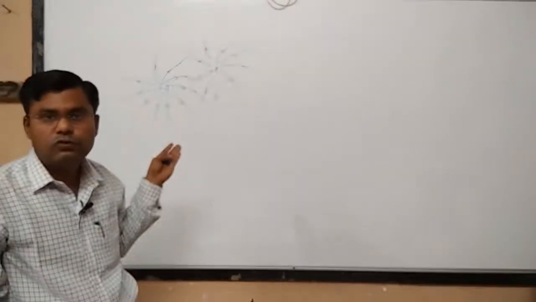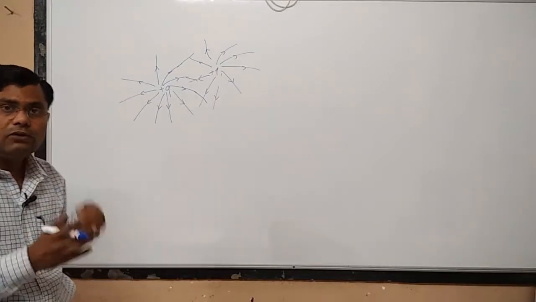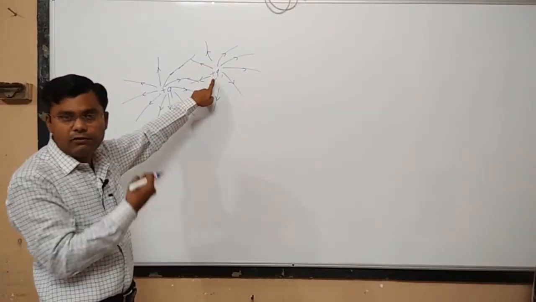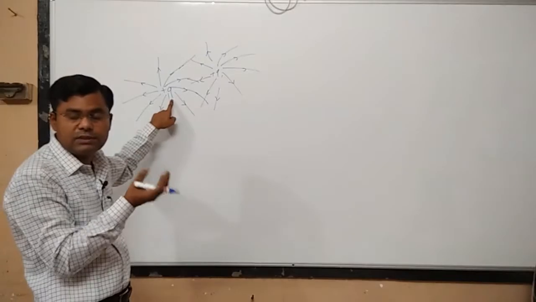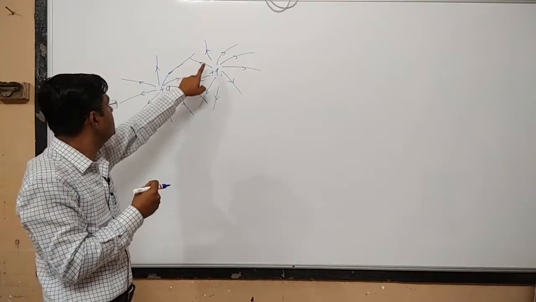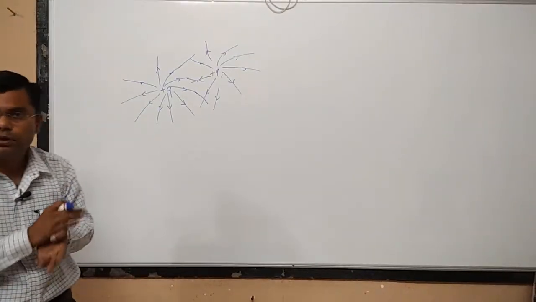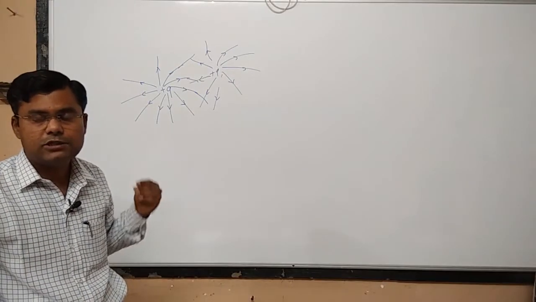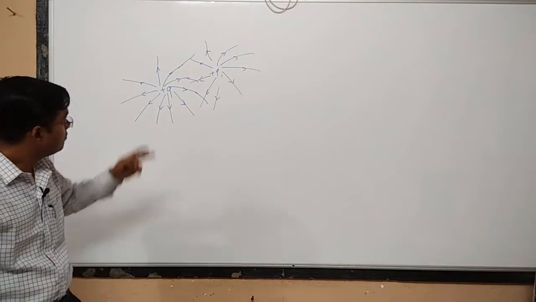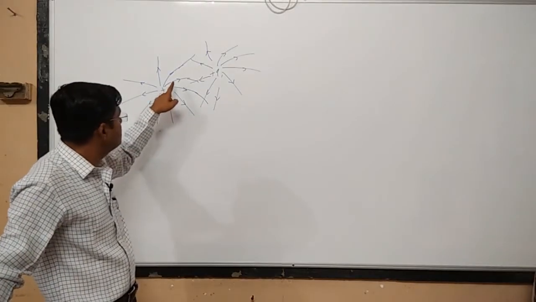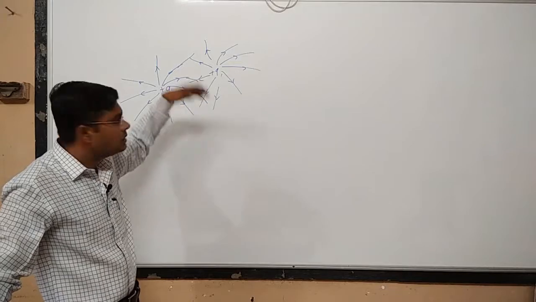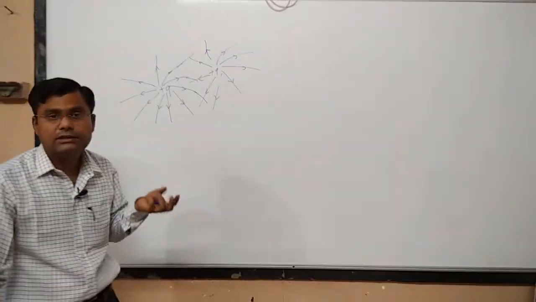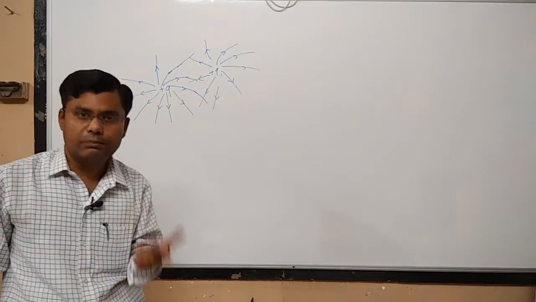Because these electric lines of forces cross each other, this charged particle experiences some kind of force, and the other charged particle also experiences some kind of force. If the electric lines of forces do not cross each other at any point, then no charged particle can experience a force. So how is this charged particle experiencing the force? Because the electric force lines originating from the charged particles cross in the space at some point, and because of that both charged particles have a feeling of attraction or repulsion.